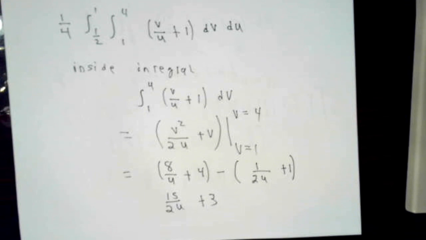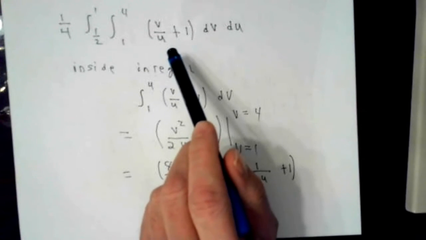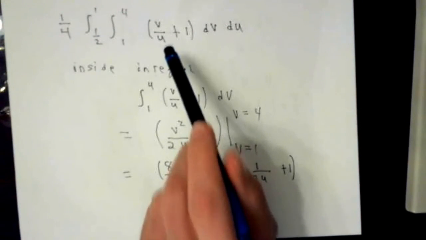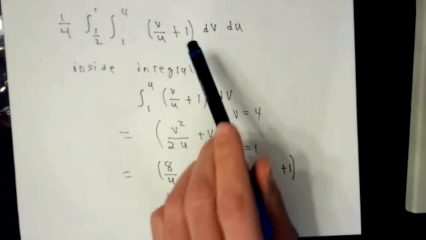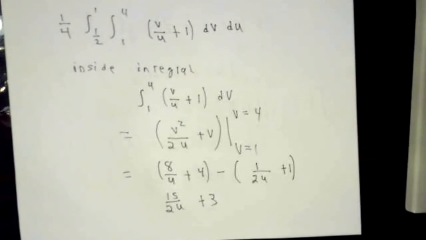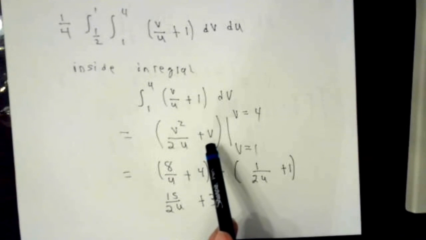The inside integral is not very hard to get then. Remember, in the inside integral, we're going to treat v as though it's the variable and u as though it's a constant. An antiderivative for v over u would be v squared over 2u. An antiderivative for the constant 1 is v.